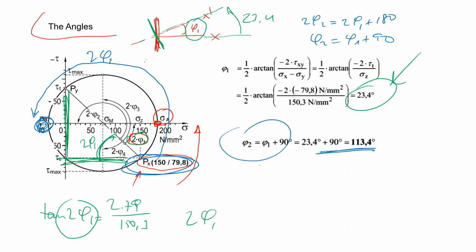So if you start from here and rotate by 111, you come to this surface, which is your next principal plane in this two-dimensional case.